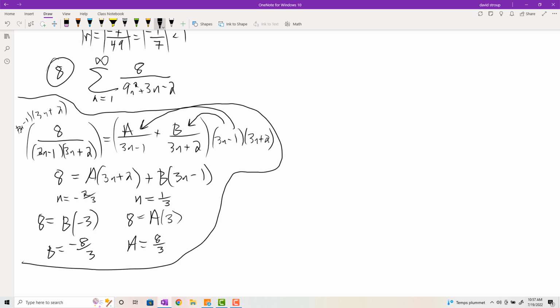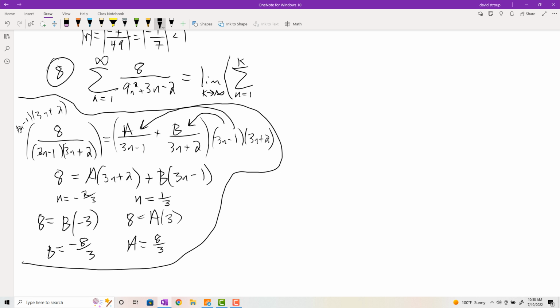Okay, I'm going to go ahead then and rewrite this infinite sum as a limit. So we'll have the limit as, and I need another variable, k goes to infinity of the sum from n equals 1 to k. So what you're getting there is a formula for the kth partial sum, and then if you take the limit of the kth partial sum, it's going to give you the actual value of the sum.